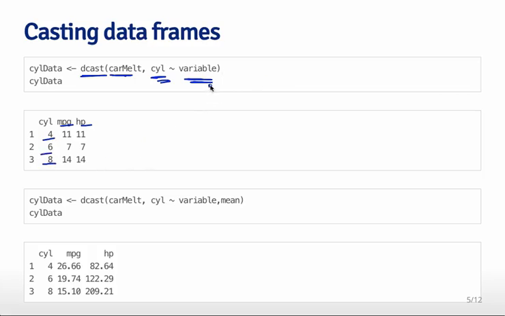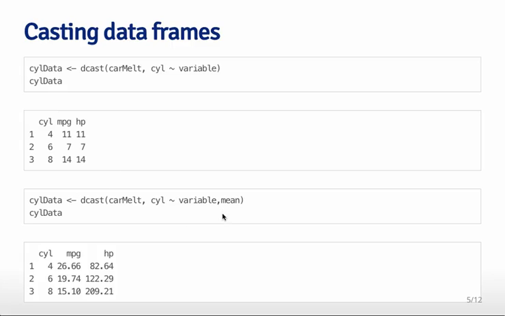And the thing that it does is it summarizes the data set. So you can see this data set is much smaller than the original data set, and by default, it does it by length. So it says that for 4 cylinders, we have 11 measures of MPG and 11 measures of horsepower. For 6 cylinders, we have 7 measures of MPG and 7 measures of horsepower, and so forth.